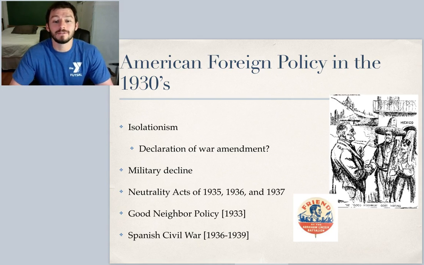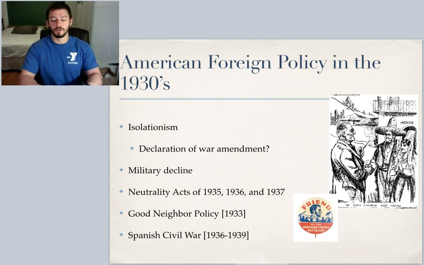The Neutrality Act of 1935 was a law that said if the president declares there is a conflict, so two countries are at war, the United States will stay completely neutral. We will not support either of them. And the only way to stay totally neutral is we won't trade with either of them. It doesn't matter if one nation is the aggressor and the other nation was the one just being invaded.